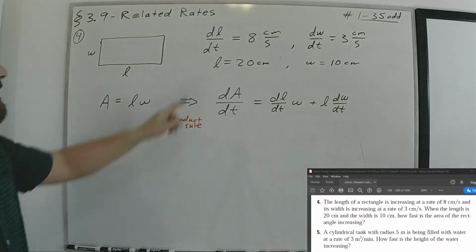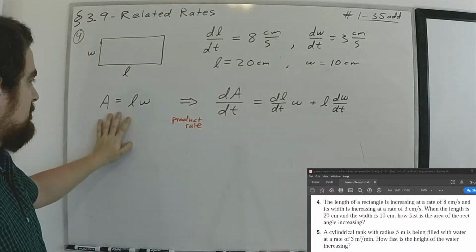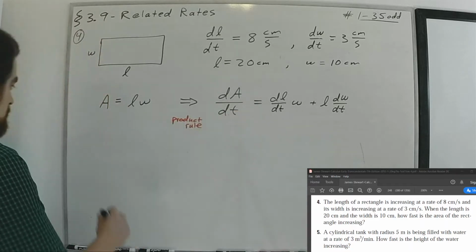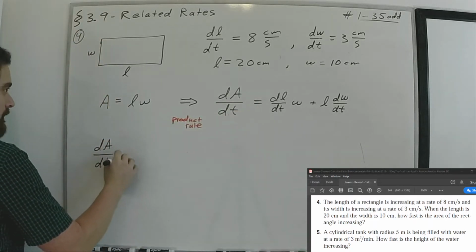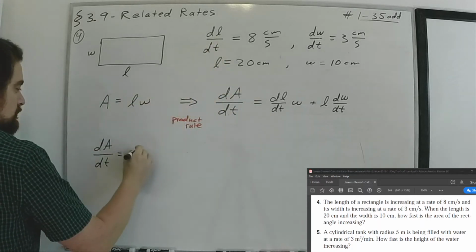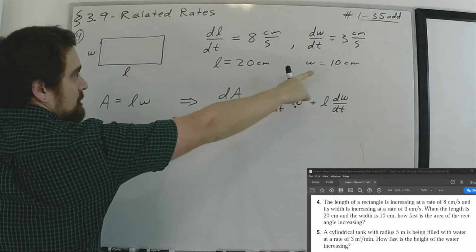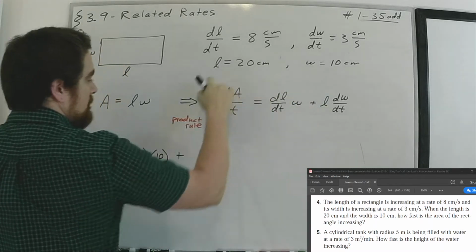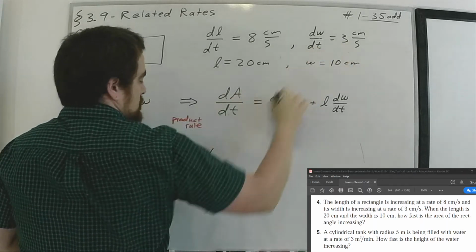So now I have all my pieces that the problem told me, and I have my formula for area now differentiated, so it tells me the change in the area with respect to time. So I can plug in the rate of change for the length times my width, plus I can plug in my length times the rate of change for the width.